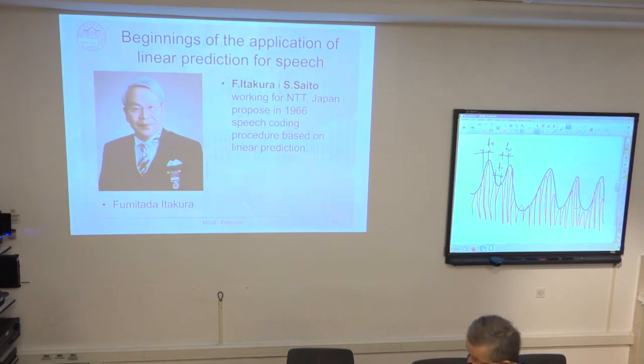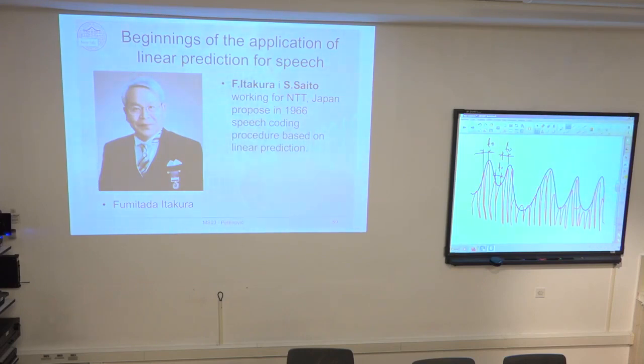But then a real breakthrough came with computers. When the first computers were designed and successfully used in engineering, they decided, why not use computers to do this kind of predictive speech coding based on linear prediction.